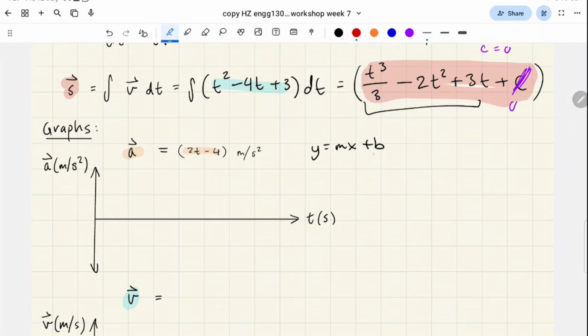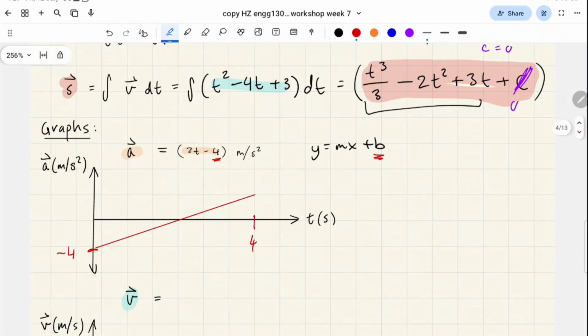So b is -4, that's our y-intercept, and it increases at 2 per second, and we care about it until t is equal to 4. When t is equal to 2, it's at 0, and it goes up to 4. So we're basically linearly increasing our acceleration from -4 all the way to 4.